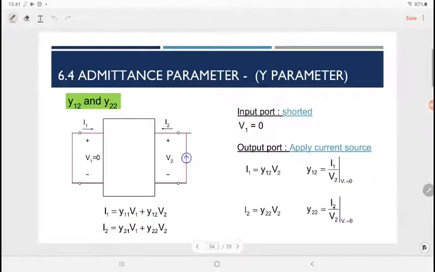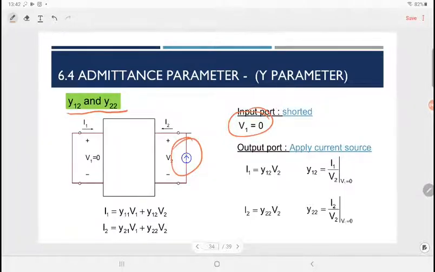Next, we can find the Y12 and Y22 parameters for the linear network by short circuiting the input port, right? When we short circuit the input port, that means the input voltage becomes 0, and then we apply the current source at the output port.